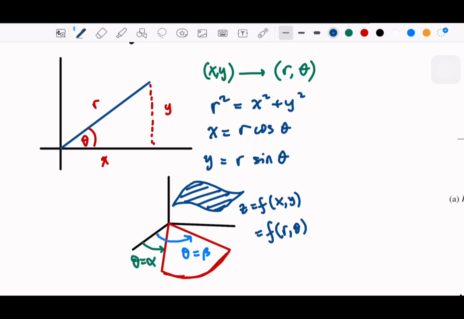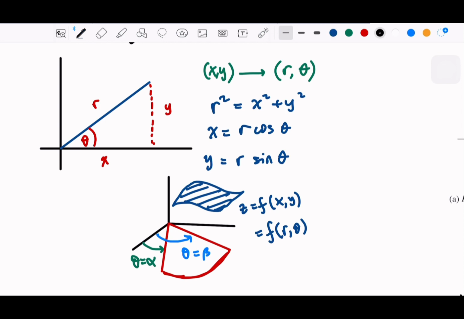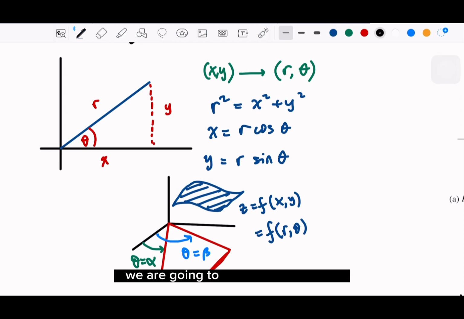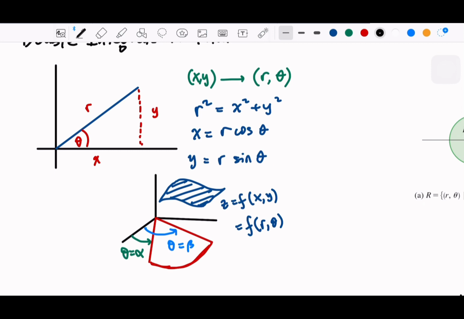Based on that, the region or the projection from the surface, we are going to see in terms of the radius and theta as well. So the rectangle that we find in the regular double integral will become a polar rectangle.